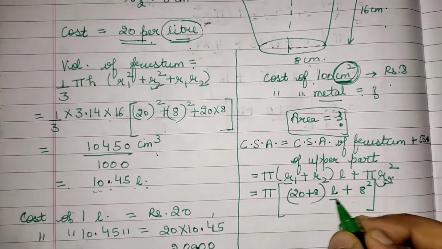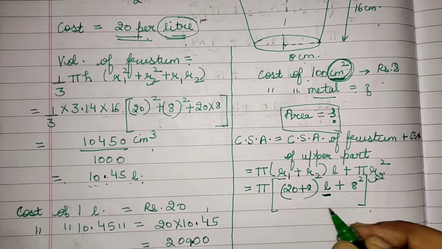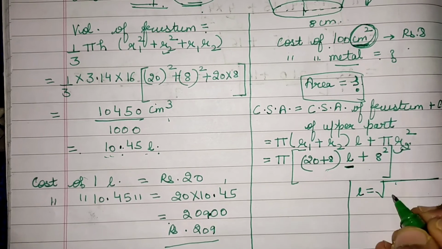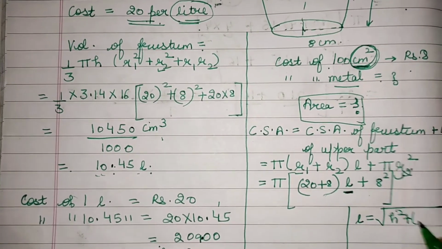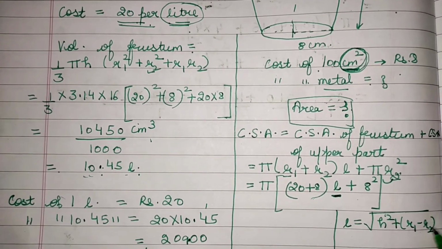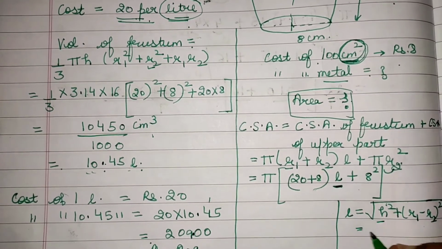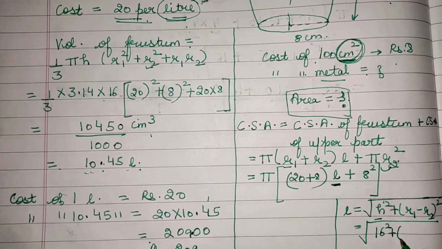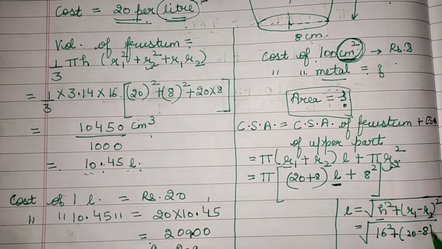So we have to find the value of L. How to find it? L will be equal to the square root of h square plus R1 minus R2 whole square. Simply put all the values: h is 16, R1 is 20, R2 is 8.